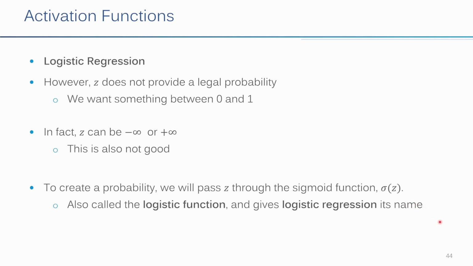As we were saying before, when we obtain z, that doesn't necessarily translate into a proper probability. What we want is something between 0 and 1.